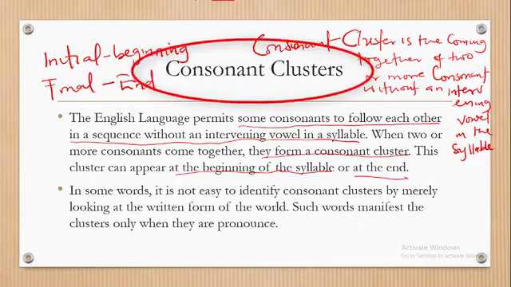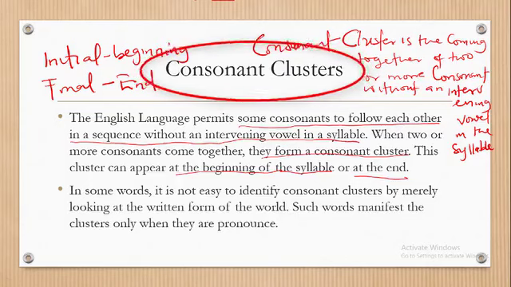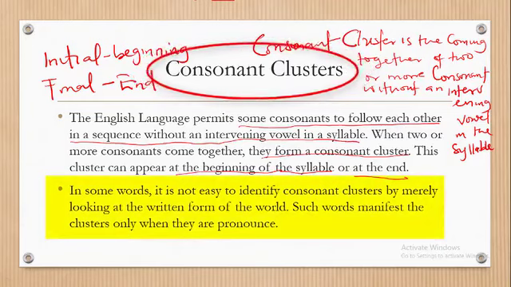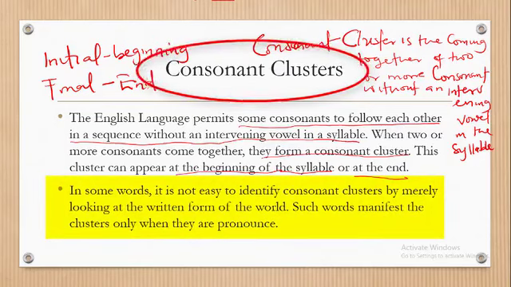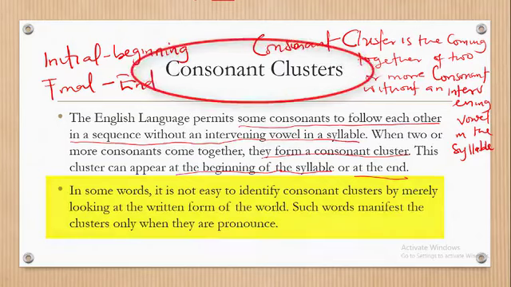We are looking at examples that will follow, but in some words it's not always easy to identify the consonant clusters, because you don't just dictate that through spellings alone.